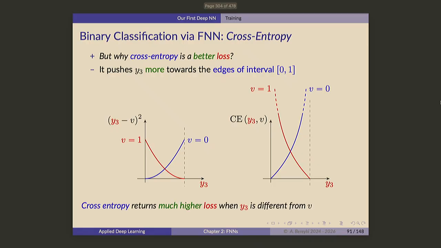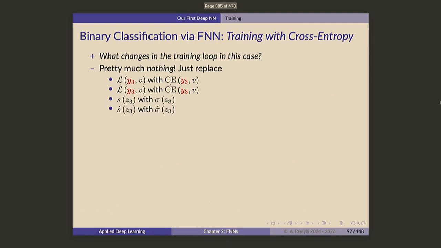Okay, if you have no problem here, the key point is that you are getting a larger gradient because your loss is going to penalize everything much more harshly. Because of that, this seems to be a better idea, and you get rid of the troubles that you had before. You actually have a gradient for your loss, and this gradient could potentially be very large. You also have the gradient for your last activation, because sigmoid always has a gradient.